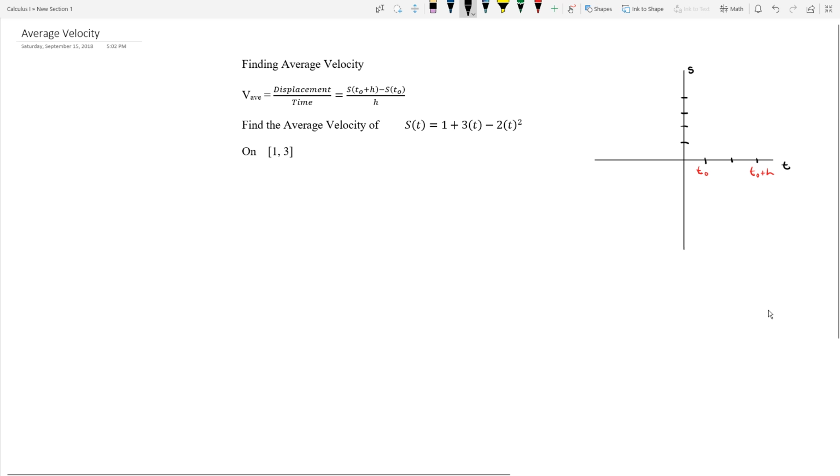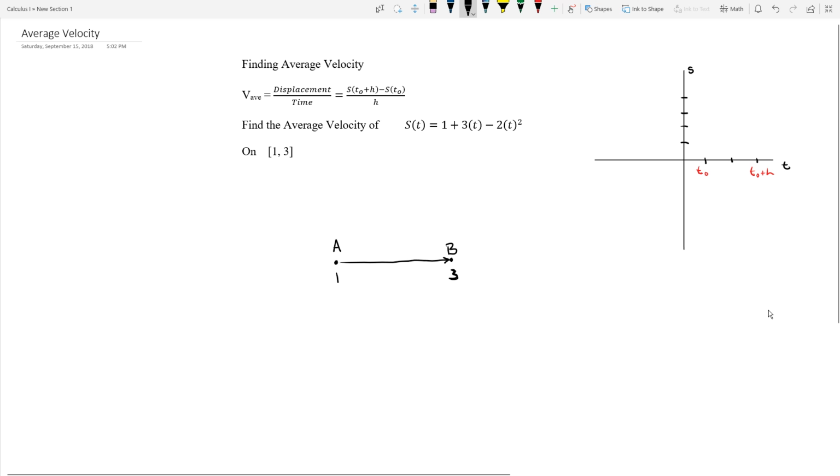So time tells us distance, how long it took you to get from point A to point B. And along that axis, we would say that this is on 1 and 3. So along a trajectory, the points are 1 unit of time and 3 units of time at the end.